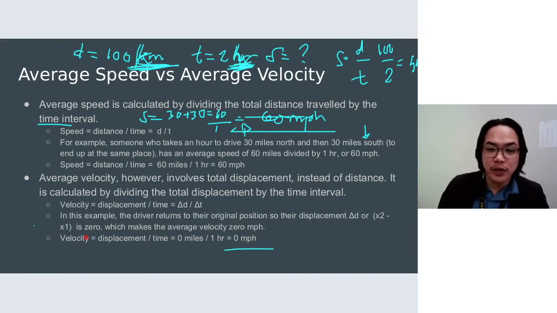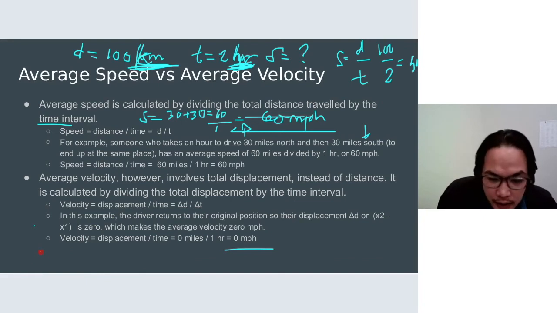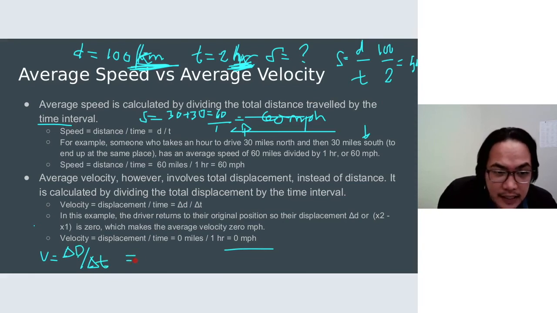Why? Because when you solve for it, the formula is velocity equals triangle D, which is displacement, divided by triangle T, which is time. Your displacement is x2 minus x1.